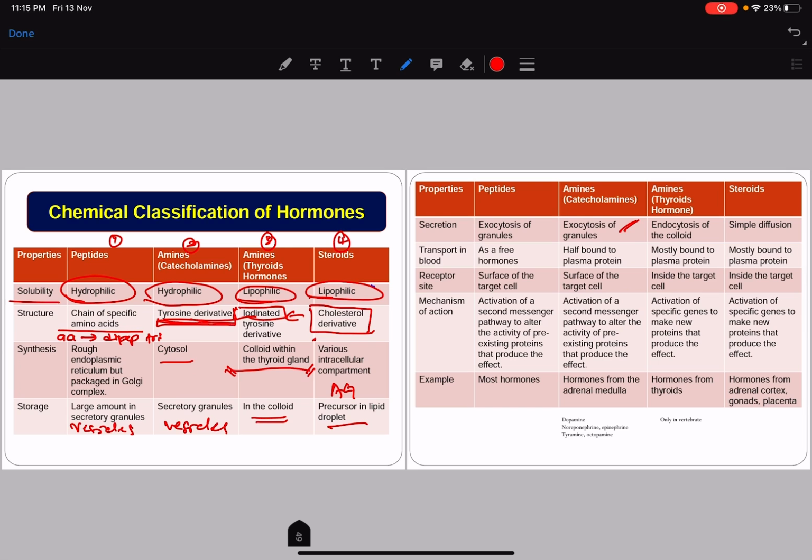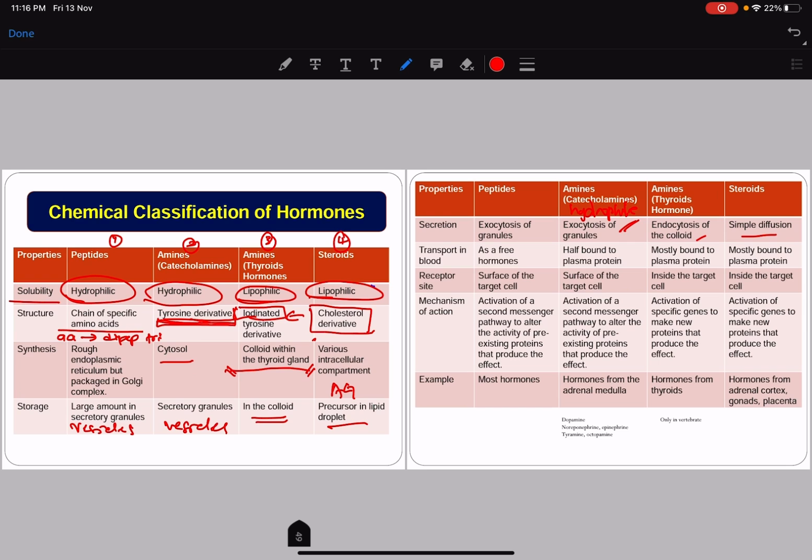Basically how to memorize it is that it's related to hydrophilic solubility. For thyroid hormones, endocytosis of the colloid, and then steroid secretion is simply by diffusion.